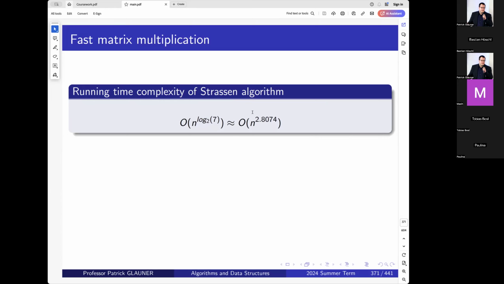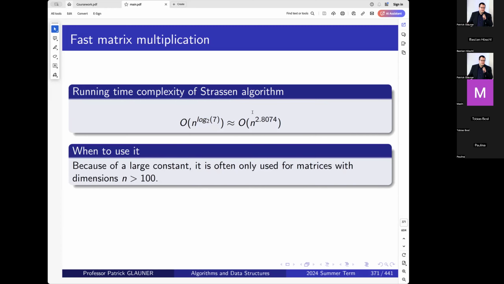But it adds more lower order terms. Because of these larger lower order terms or large constant, this is something you would only do for matrices typically where you have more than 100 rows or columns. So for tiny matrices, you would not be running the Strassen algorithm.